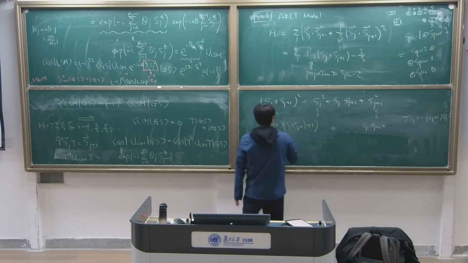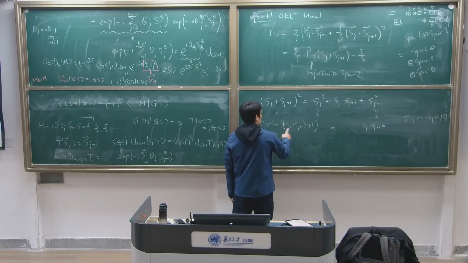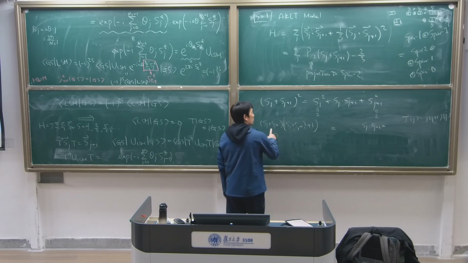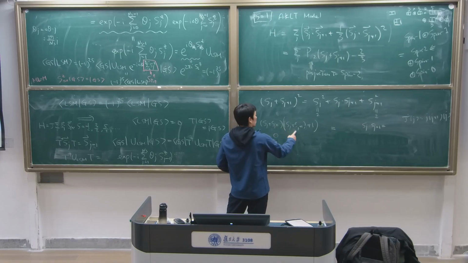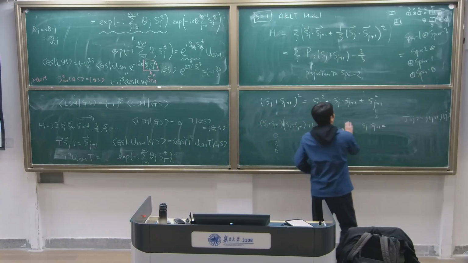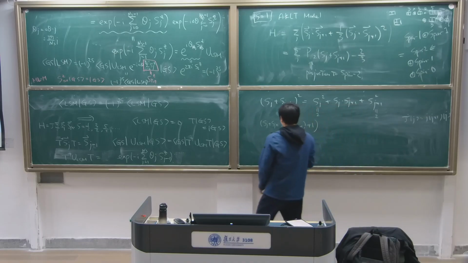So I mentioned this should be either 0, or if it is 1, what's going to happen? This is 2. And if it is 2, what's going to happen? This is equal to 2 times 3 is equal to 6, right? Okay.